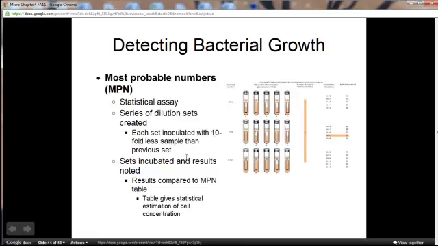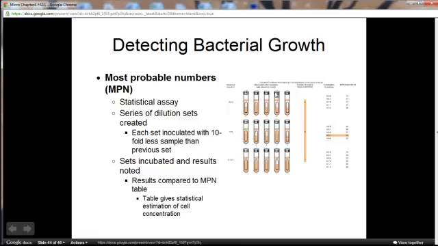Finally, we have the MPN technique, which is a viable cell counting technique that's primarily used to determine the potability of water. In other words, how fecally contaminated a water source may be. As I alluded to before, fecal contaminants, that is, organisms that commonly live in the intestines of animals and humans, are commonly gram-negative organisms that like to ferment, that like to produce acids and gas as a result of their metabolism.